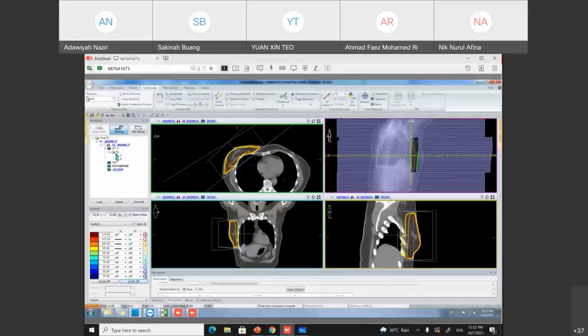When they scan the patient with the bolus, they will see the bolus straight away here. If not, we will create a so-called dummy bolus here first. So let me create it.